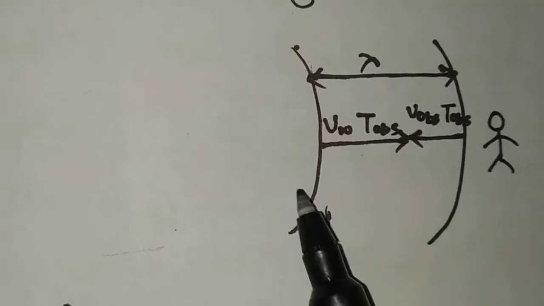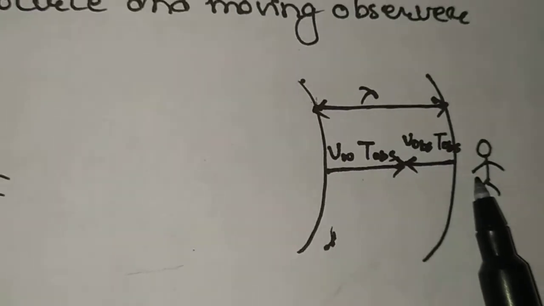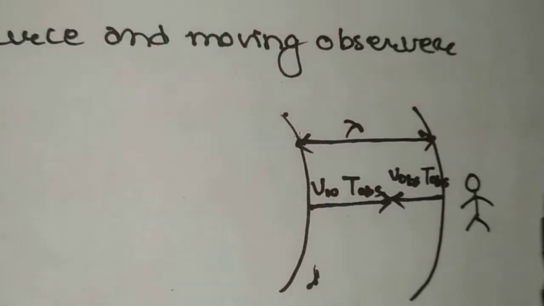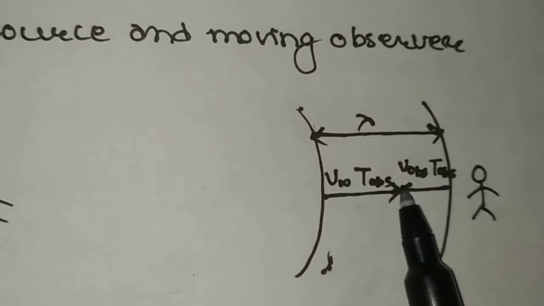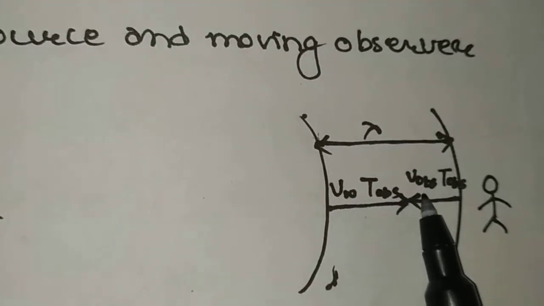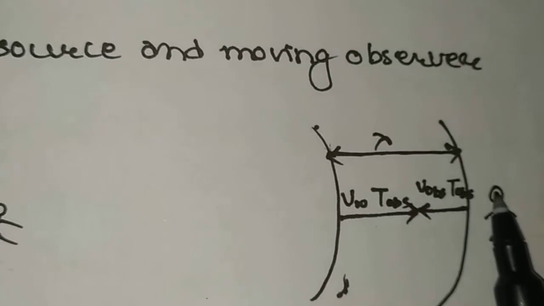Okay, let us consider these are the two waves and this is the observer. Let us also consider that the observer is moving at constant speed, so the velocity of the observer will be v_obs, and the time period it takes will be t_obs.